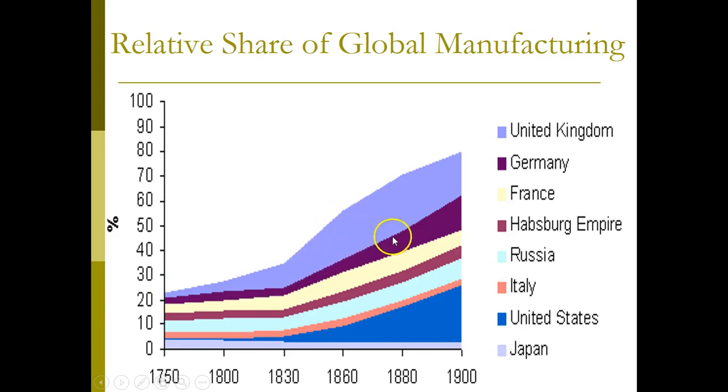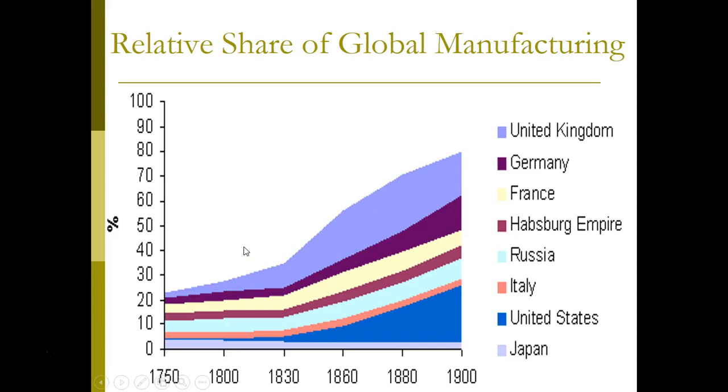And you'll notice that, by 1880, this is where their line is at its thickest. But after 1880, the relative width of that line starts to shrink. That means that the United Kingdom is starting to decrease slightly in terms of its percentage of global manufacturing output.